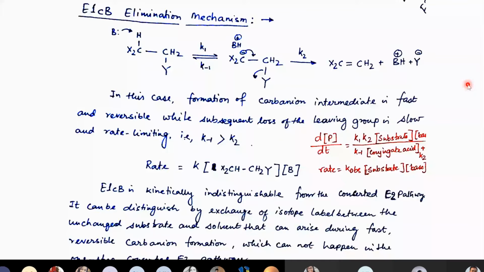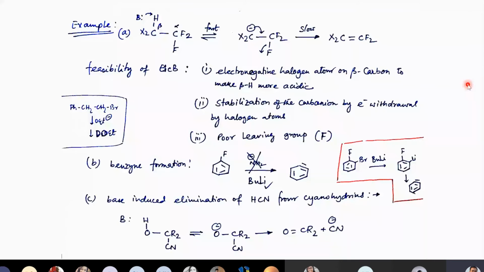Now, what are the criteria that allow this E1CB pathway? As I said, E1CB is rarely observed and you will not find many examples of it. Only a few examples are available. As you can understand from the mechanism, first the acidity of this proton has to be very high.